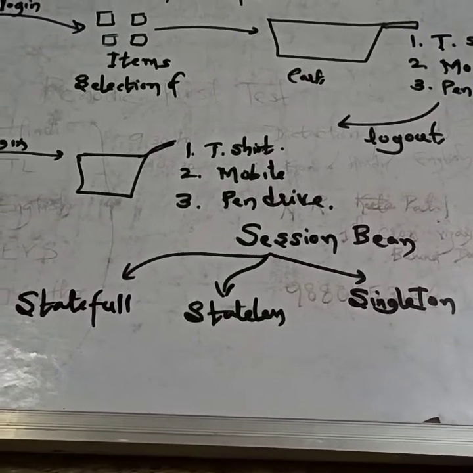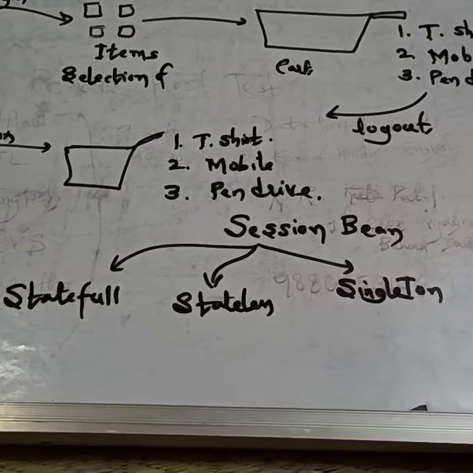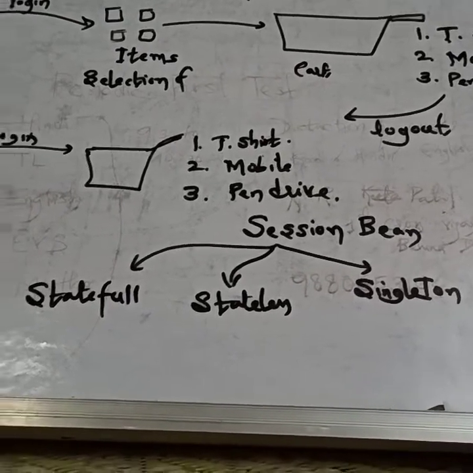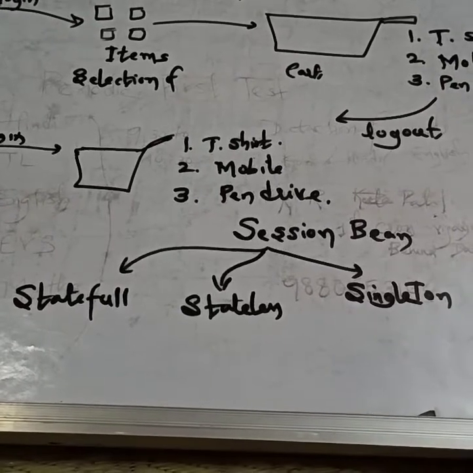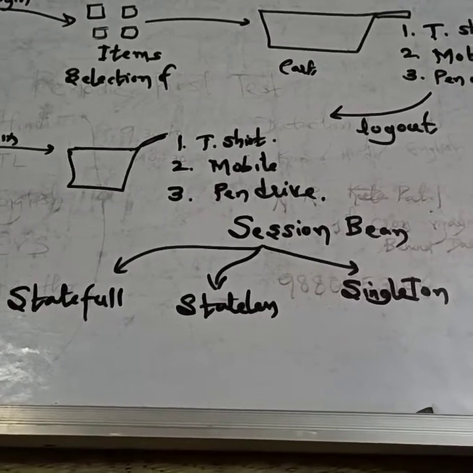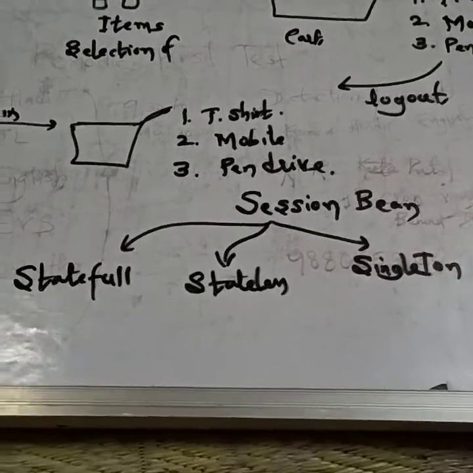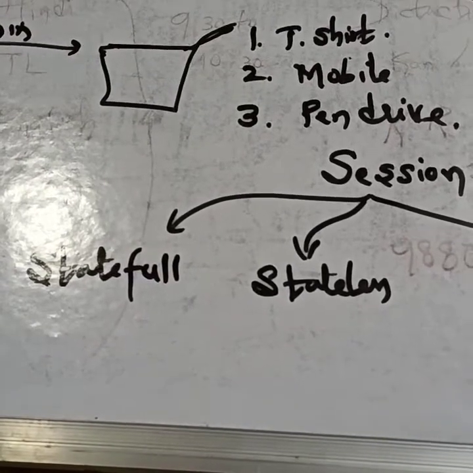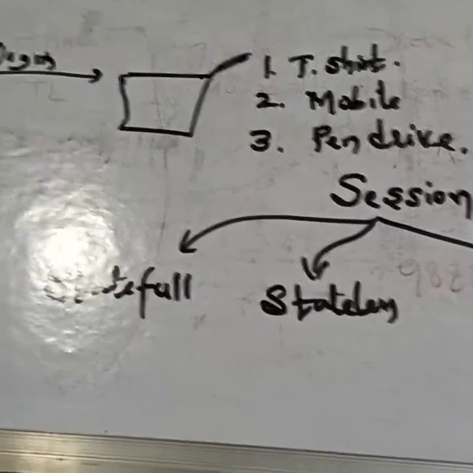In that case, when the same client relogins, the client is not able to find whatever items he or she added to the cart. So this is the real example which resembles the behavior of a stateless session bean. And in today's class, let us start with the stateful session bean, its characteristics and life cycle.